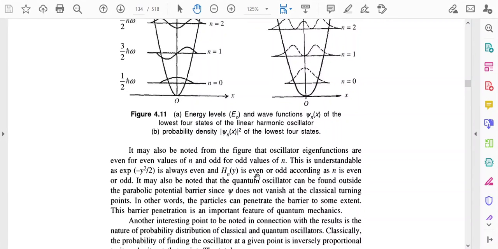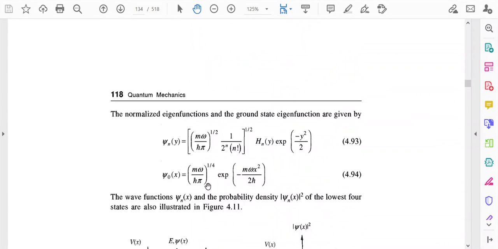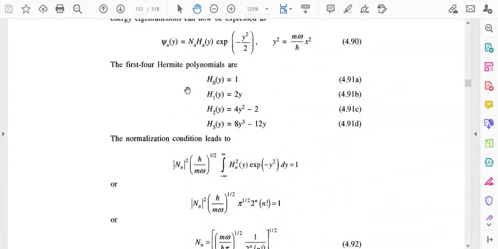Why am I saying that? Because you see these are the expressions for the polynomials. If we look at those expressions, it is easy to understand that for odd states, for example H1 y is equal to 2y, this is an odd function. Similarly for H3 y, which is an odd state, you can see that this is also the expression for an odd function.